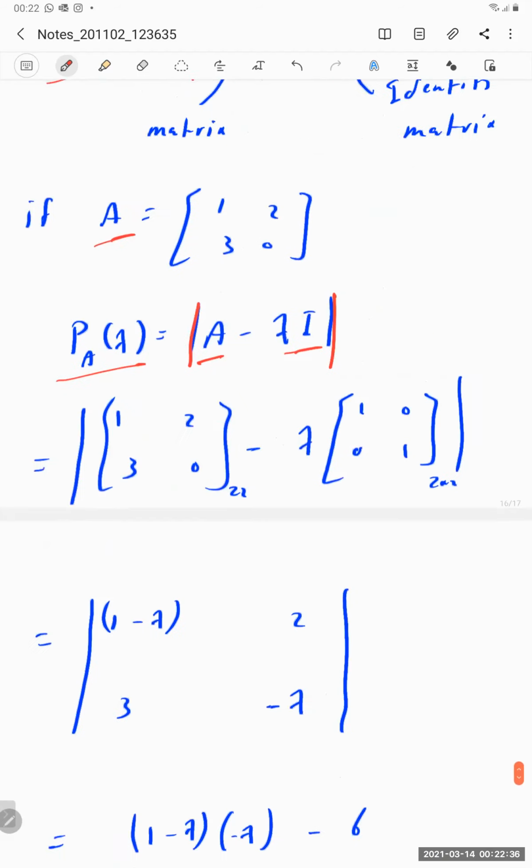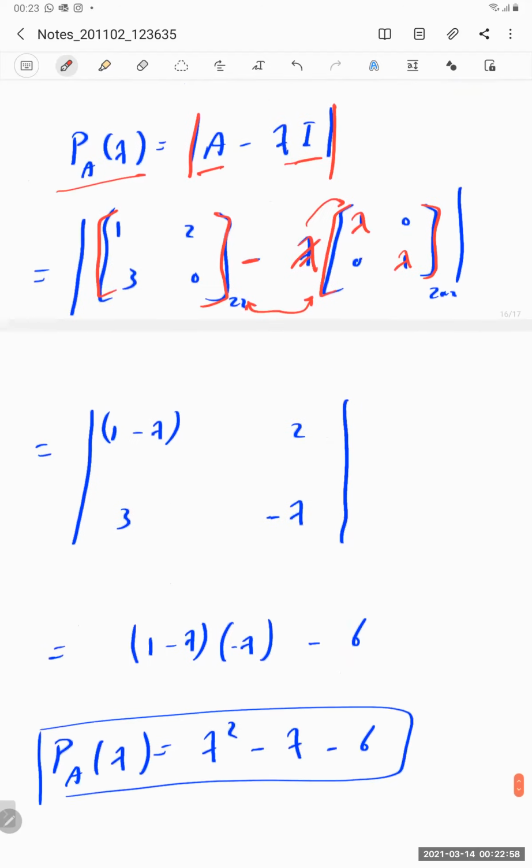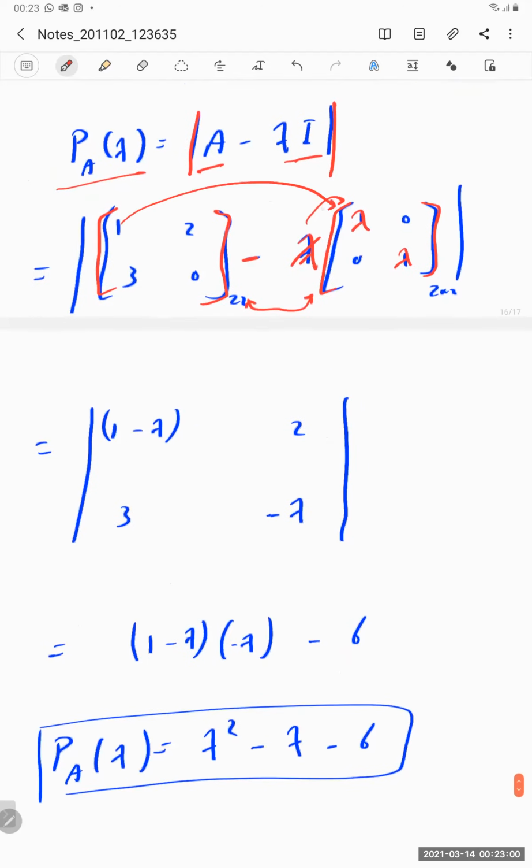So what's A again? This matrix 1 2 3 0 minus lambda times the identity. To do addition or subtraction, the matrices must have the same size, which is why we chose an identity of size 2 by 2, the same as A. Bring lambda inside, so you have lambda 0 0 lambda, giving 1 minus lambda, 2 minus 0, 3 minus 0, 0 minus lambda.